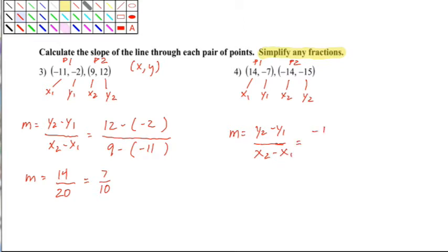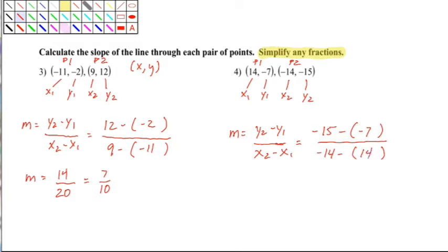We get -15, and we drop our parentheses, and then there's a -7 in there. We have x2 is -14, and our x1 is going to be 14.